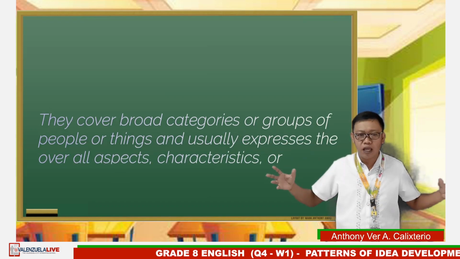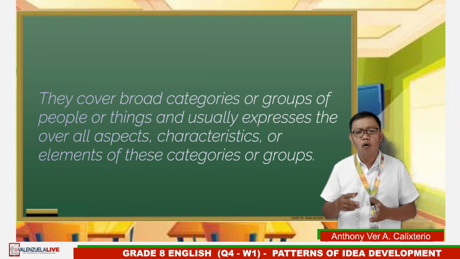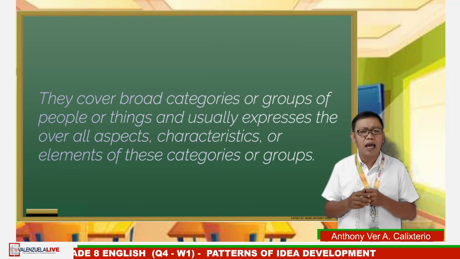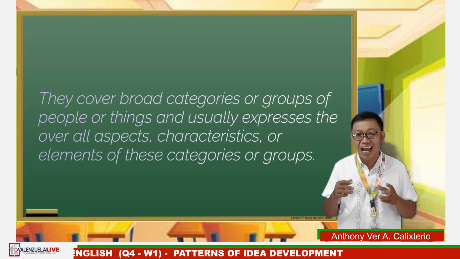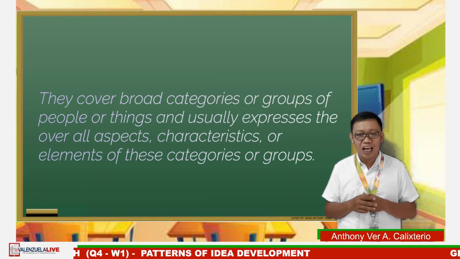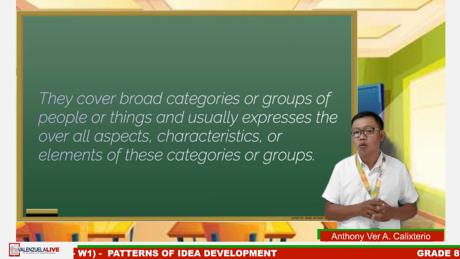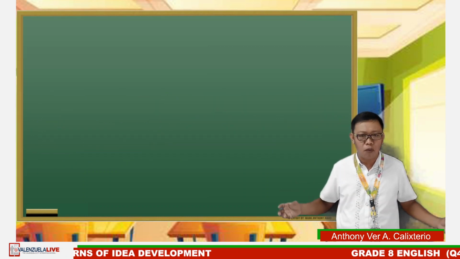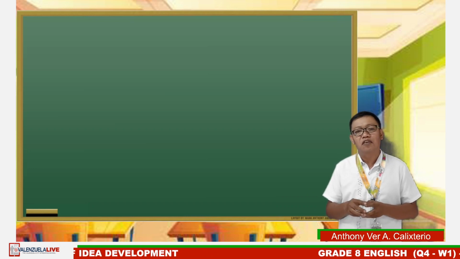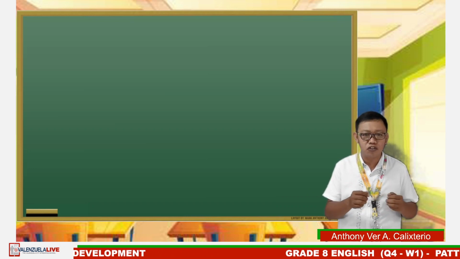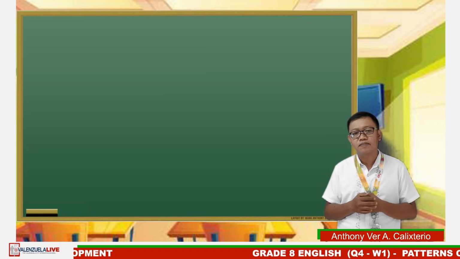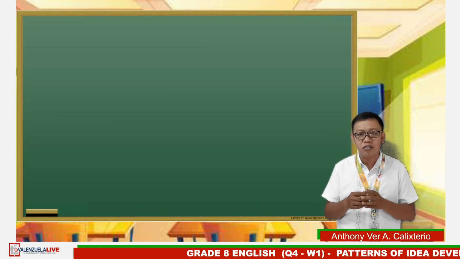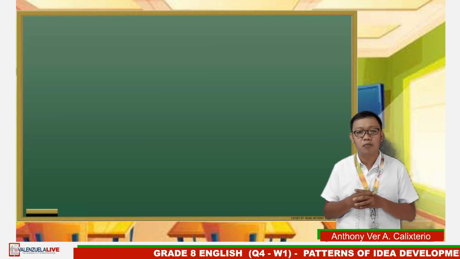They cover broad categories or groups of people or things and usually express the overall aspects, characteristics or elements of these categories or groups. It tends to communicate broad topics that need to be explained further if readers are to understand them in depth. General information is normally vague and represents a broad description of something.